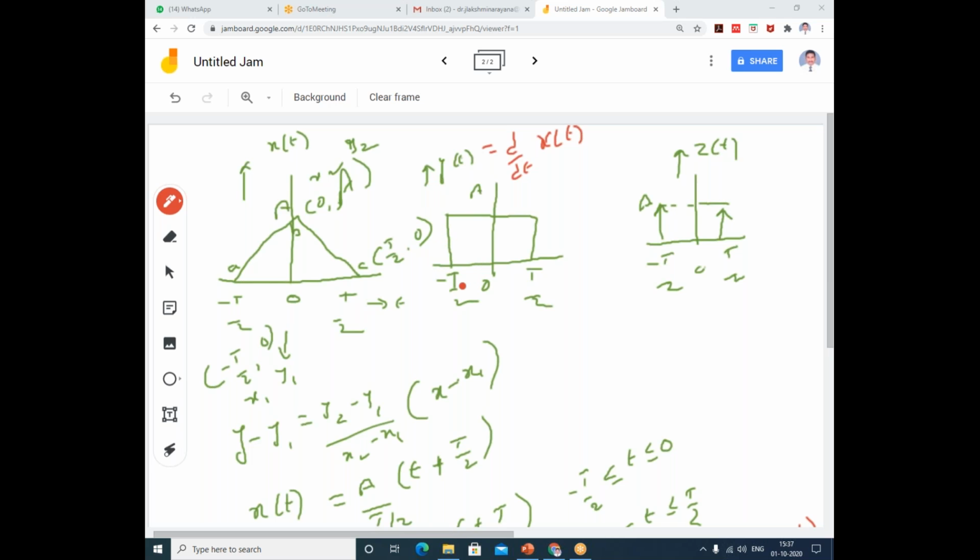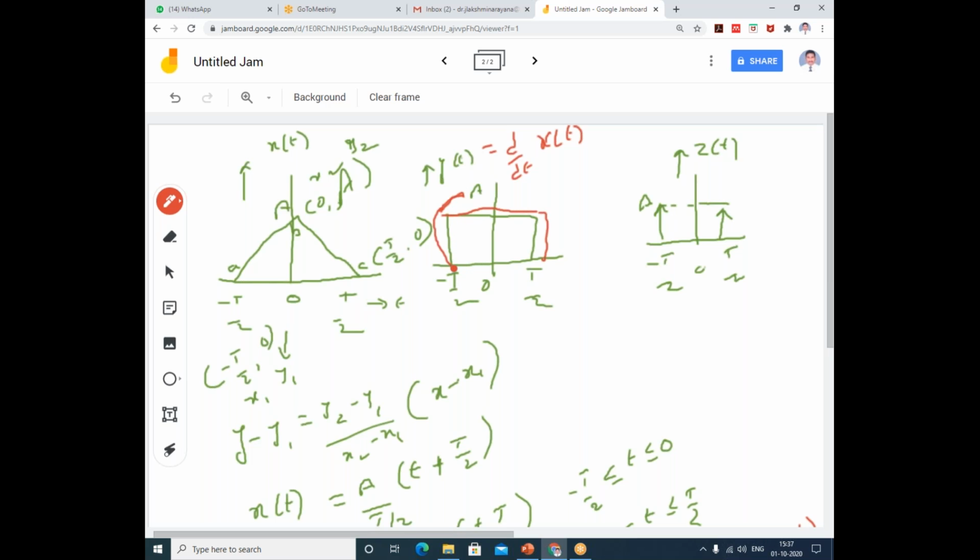What will happen? It starts with 0, goes on increasing, and maintains a constant value, and from there it falls again. Please try to understand how the amplitude is for this rectangular pulse at minus T by 2.